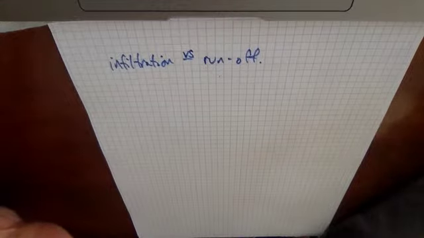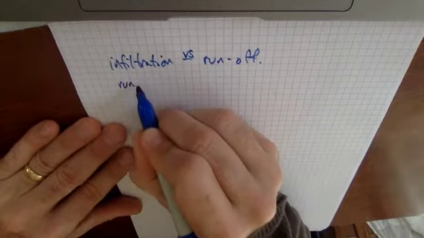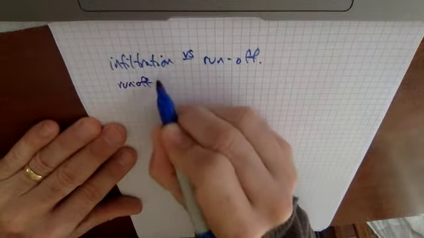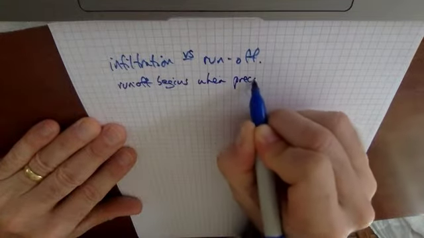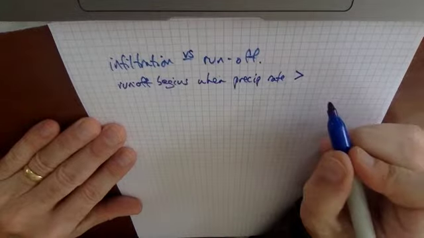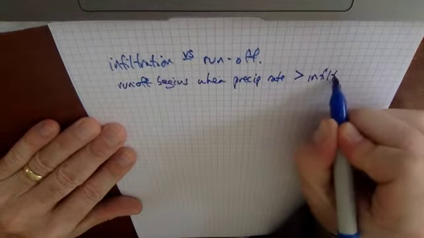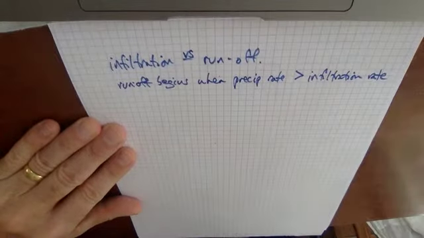The answer, in the most fundamental sense, is runoff begins when precipitation rate is greater than infiltration rate. Right?